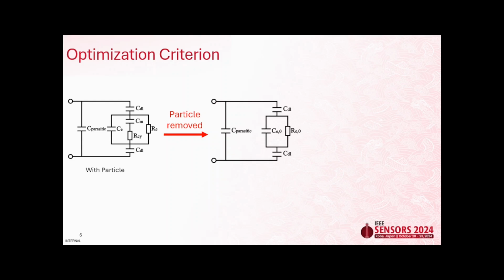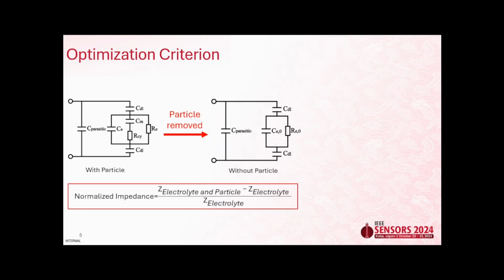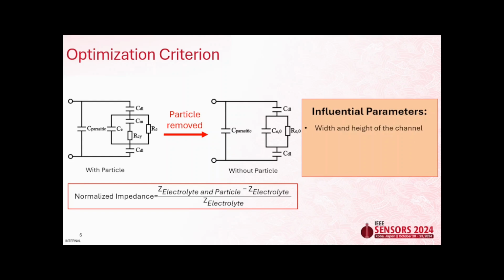Having the contrast between the impedance of these two conditions can give us an optimization criterion, which I named the normalized impedance. And then I thought about what the influential parameters on this normalized impedance are, because I knew that by increasing this normalized impedance, I can also increase my sensitivity.